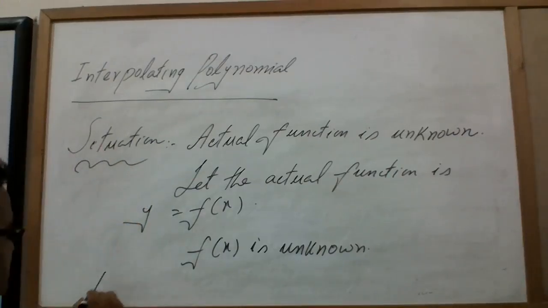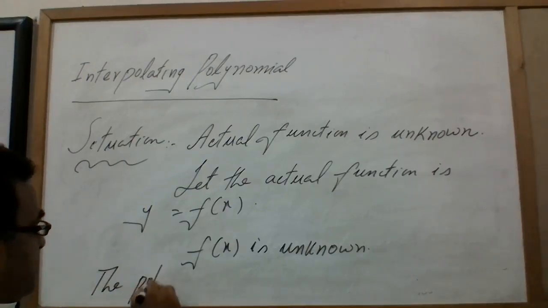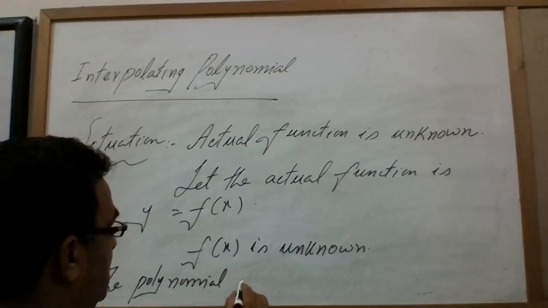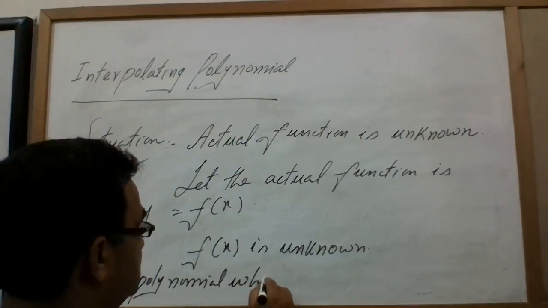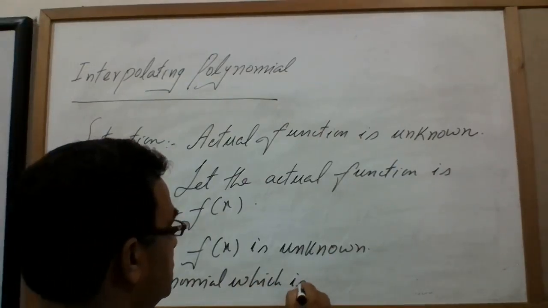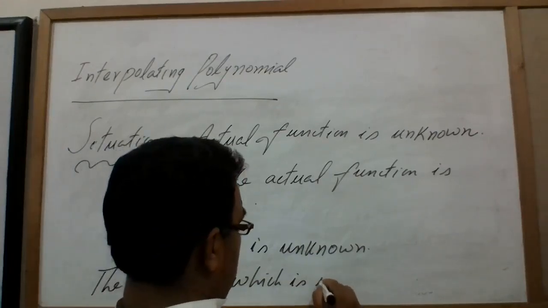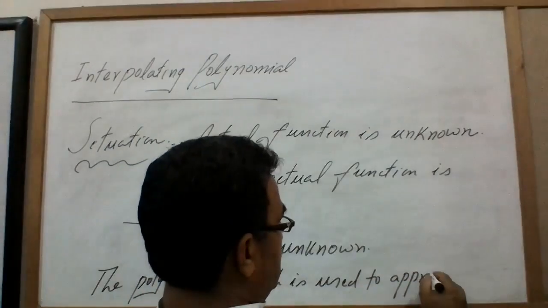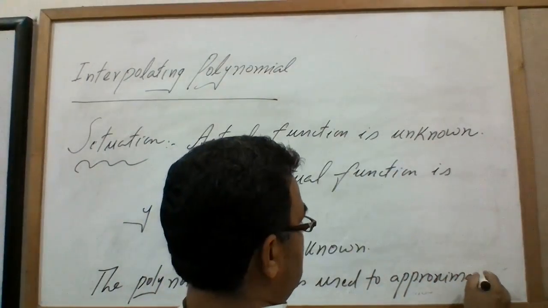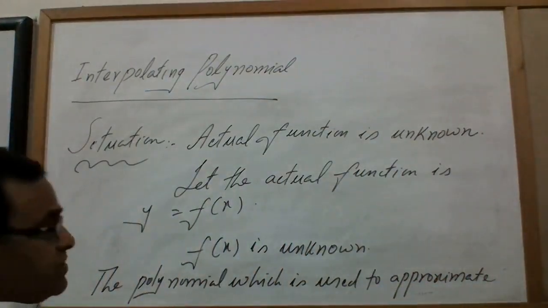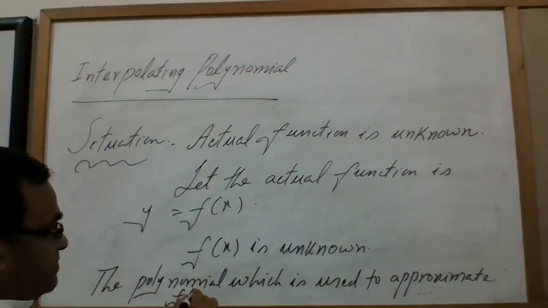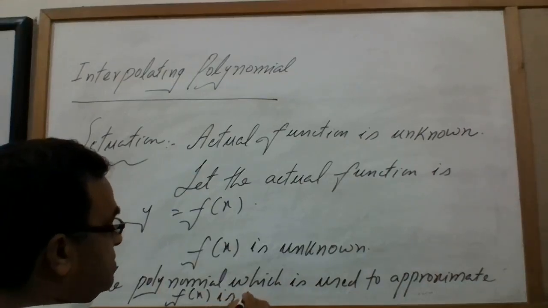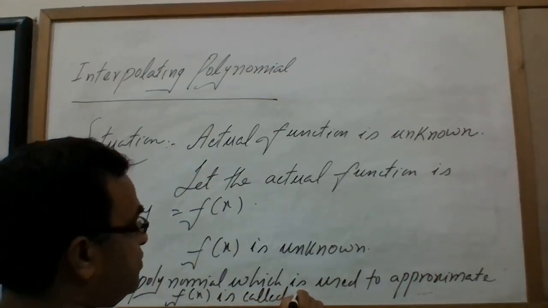So the polynomial which is used to approximate f of x is called the interpolating polynomial.